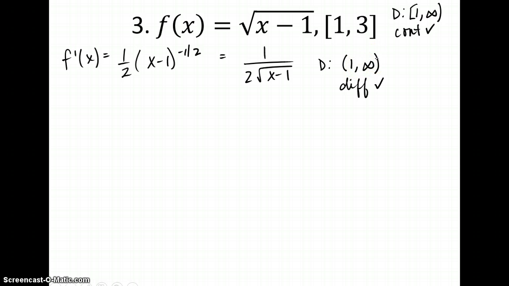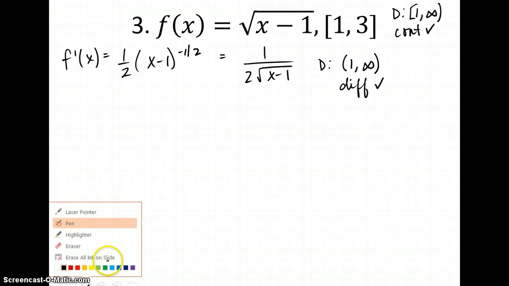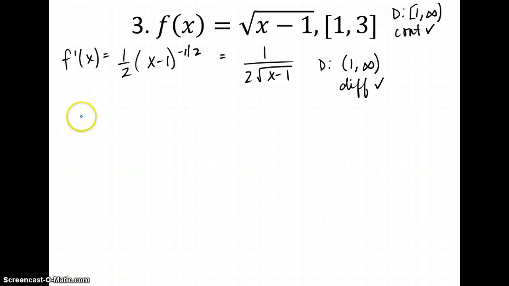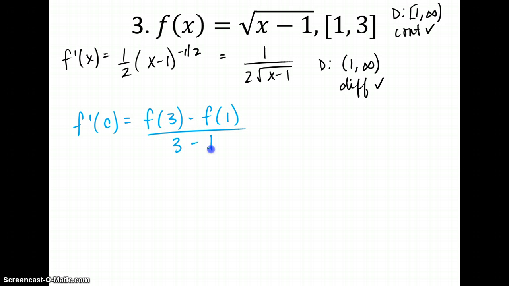So we can proceed. Now the conclusion of the mean value theorem, somewhere the derivative equals the slope of the secant line. We found the derivative function. And now the slope is 3 minus 1, square root of 2 minus 0, all over 2.